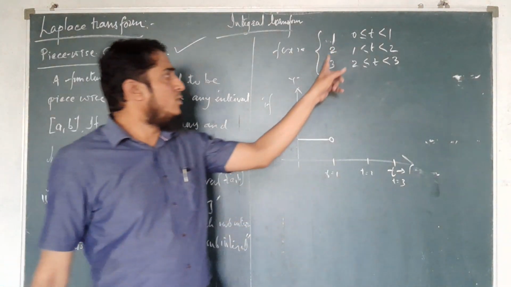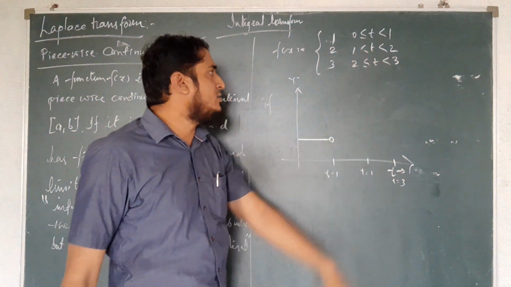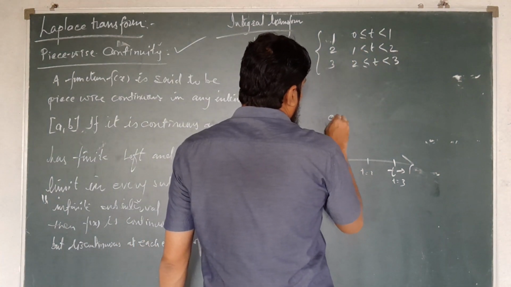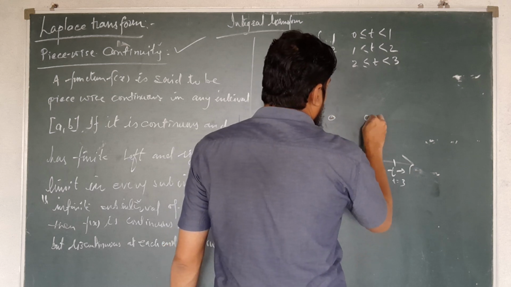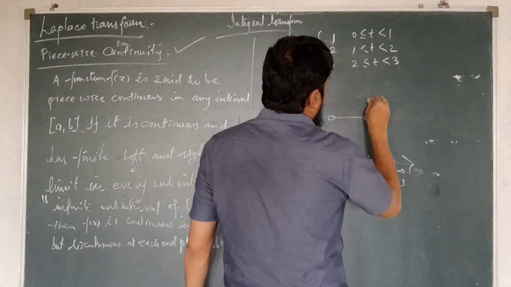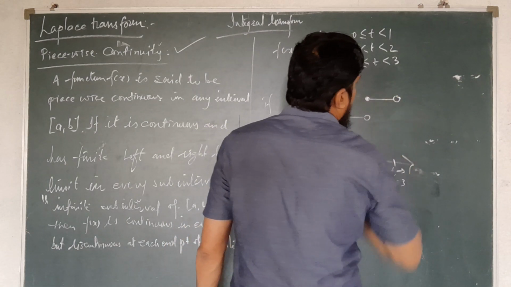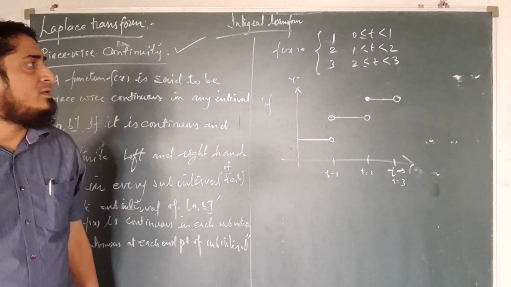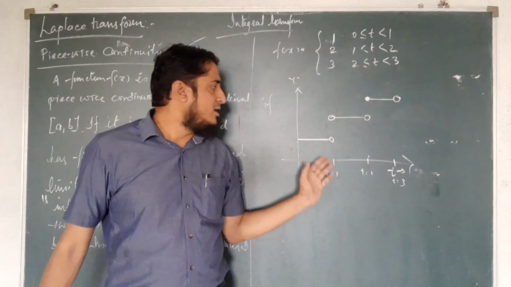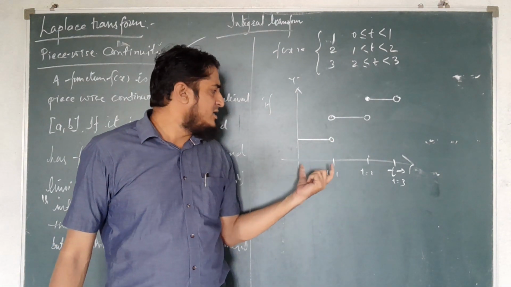Then we have the value 2 in the subinterval 1 to 2, and for the interval from 2 to 3 the value is 3.